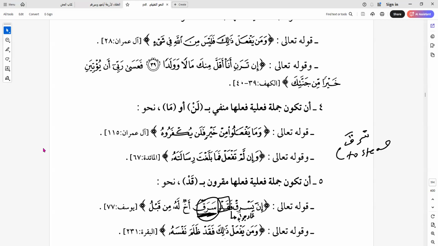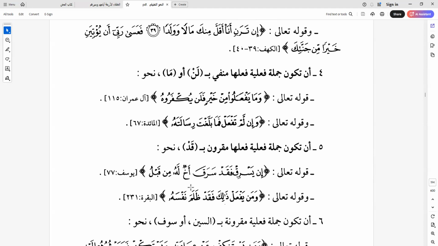Let's look at the second example of this rule. وقوله تعالى ومن يفعل ذلك فقد. Surah Al-Baqarah. ومن يفعل.